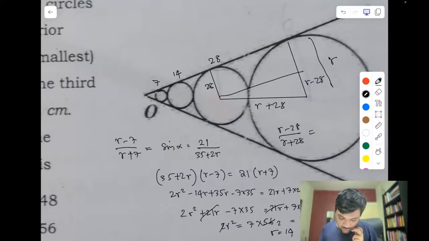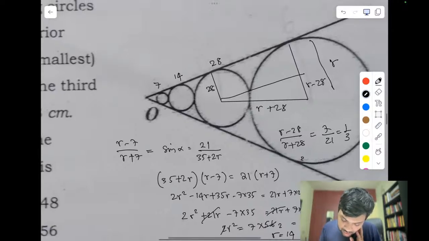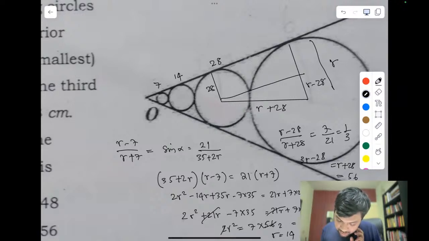So R minus 28 by R plus 28 is again sine alpha. And sine alpha, we already know, if R is equal to 14, 14 minus 7 by 14 plus 7 is 1/3. So basically sine alpha is 1/3. So if you rearrange, you'll get the answer, which you guys think 56 maybe is correct. Who knows? So 3 into 28.